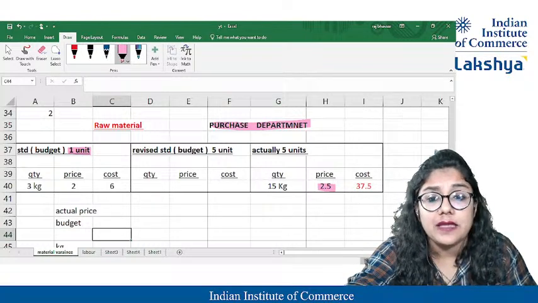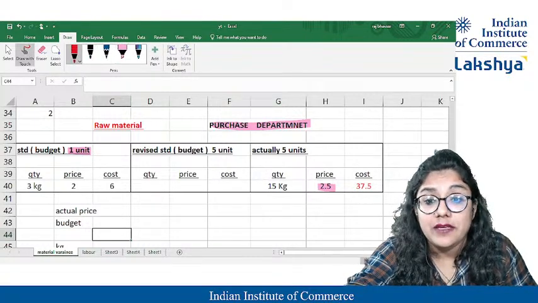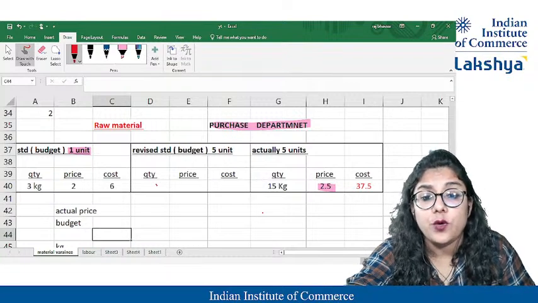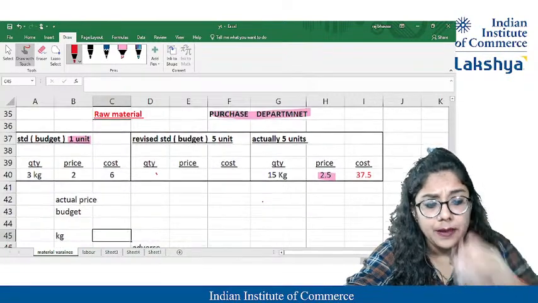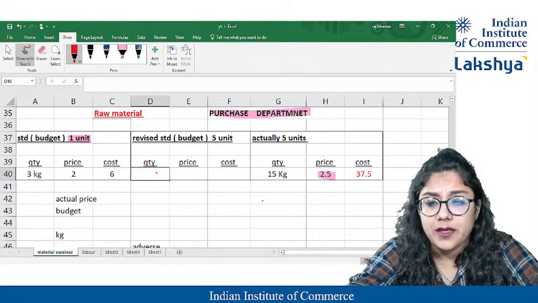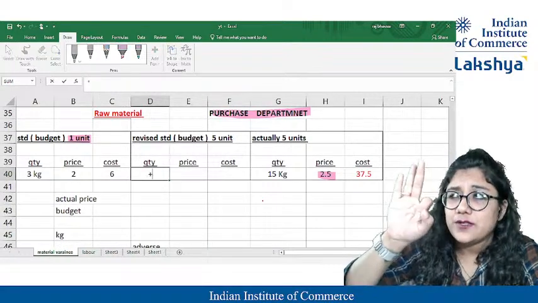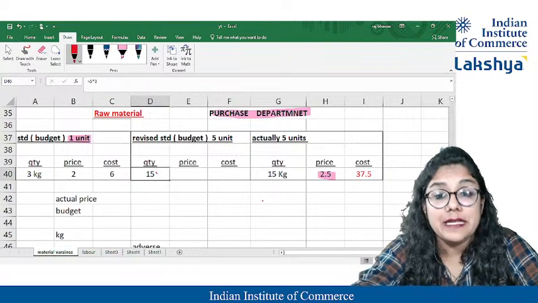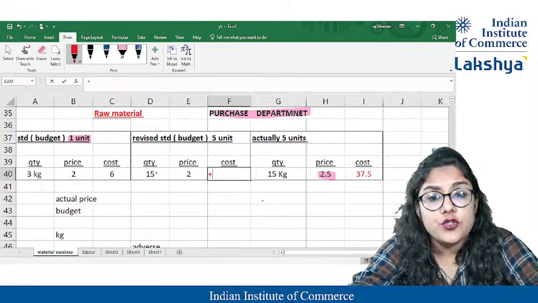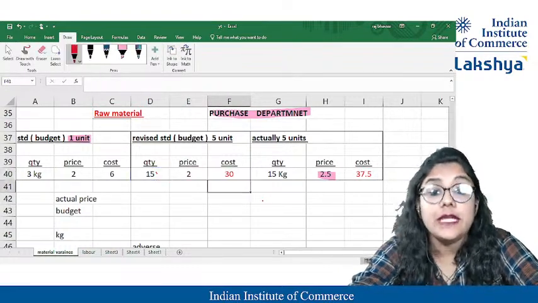Forget about actual. Think about the day you would have planned for 5 units: 15 kgs at the price of 2, so my cost would have been 30 only.